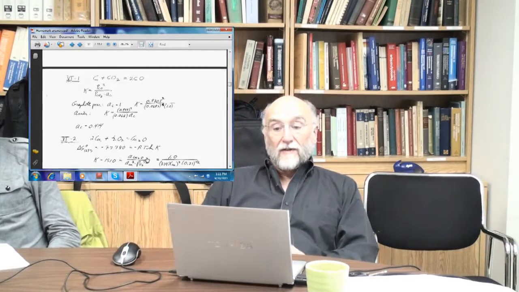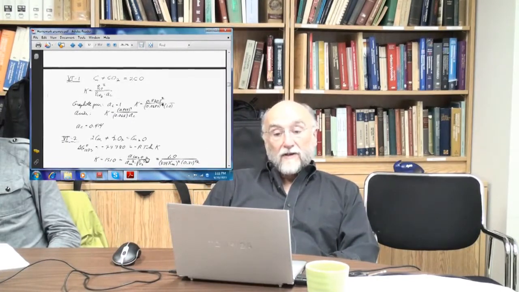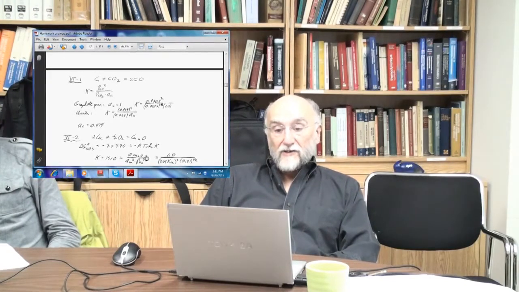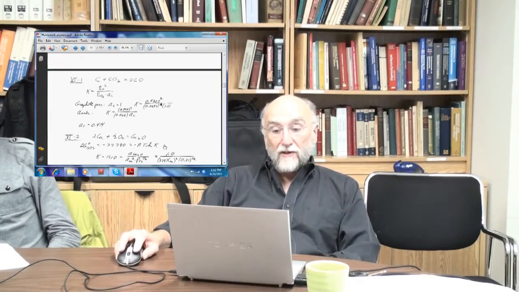So that's the equilibrium between the carbon, either pure or in the steel, and the gas. Equilibrium constant, the classical Boudouard reaction. In the first experiment with pure graphite, the activity is 1.